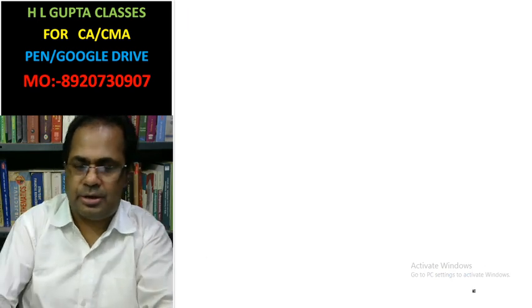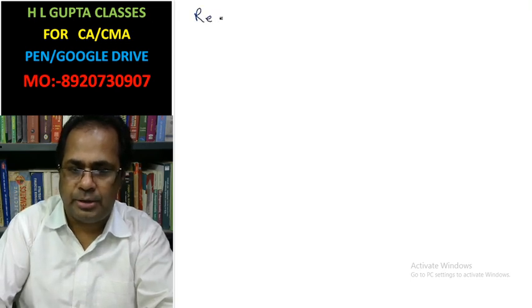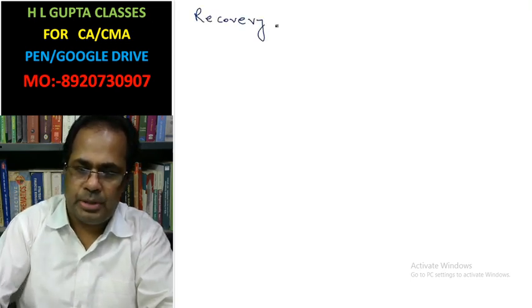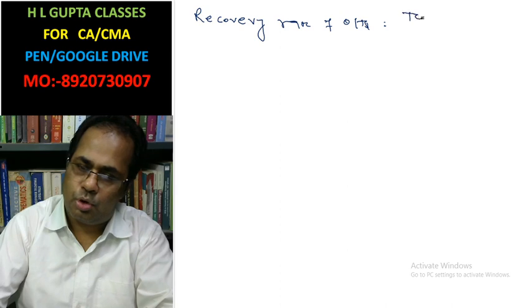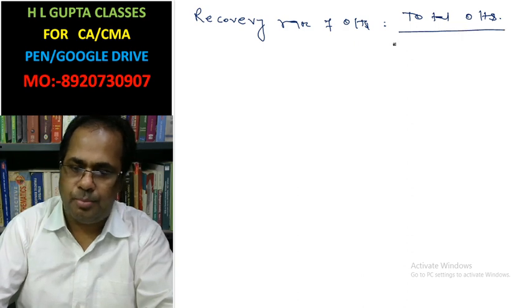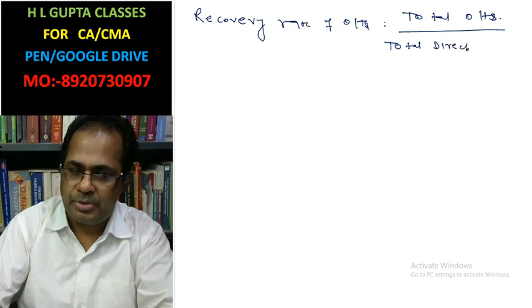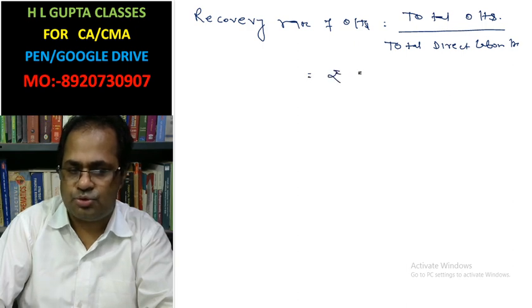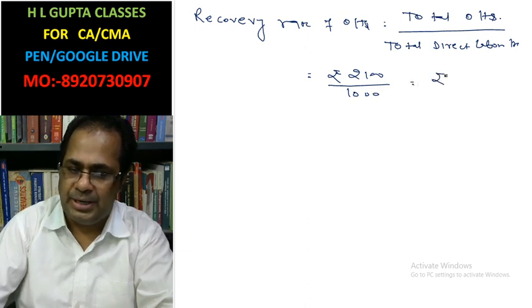Now you will calculate the recovery rate of overheads: total overheads divided by total direct labor hours. This is 2100 divided by 1000 labor hours, which is rupees 2.1 per labor hour.